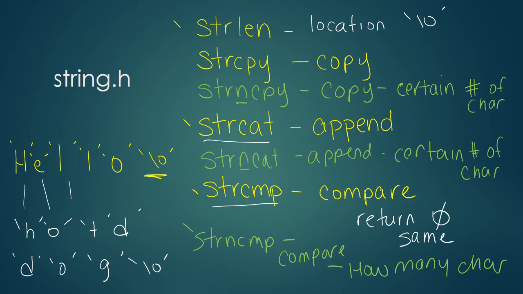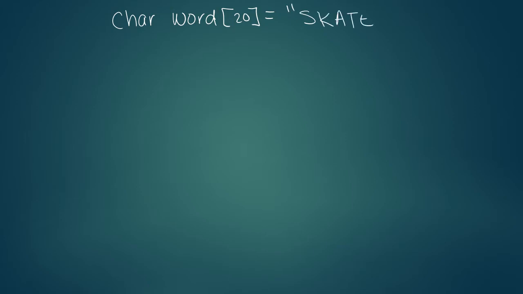So let's get started. All right, so I'm going to start by declaring some words. So I'm going to have char word size 20 equals skate. Now in the last video I talked about uppercase and lowercase and all of that. So in this I'm just going to talk about the string member functions.